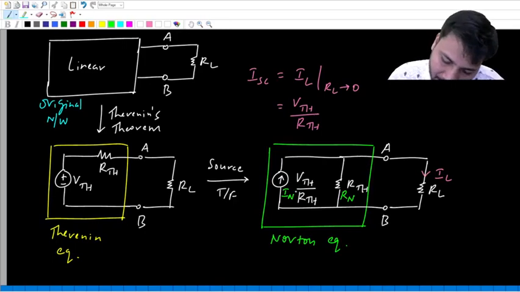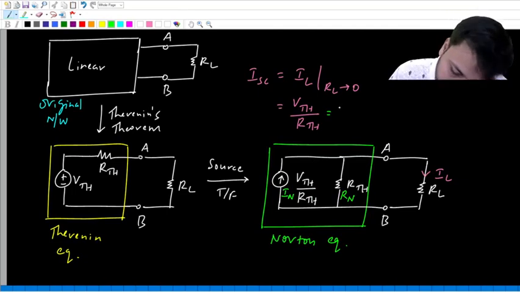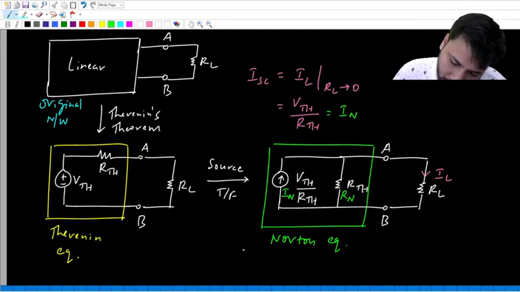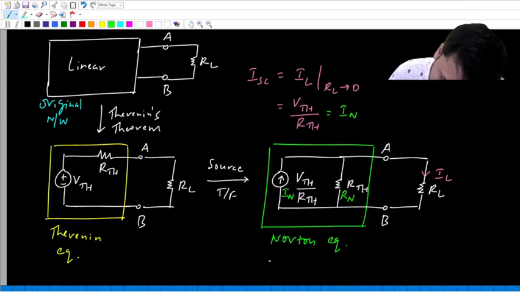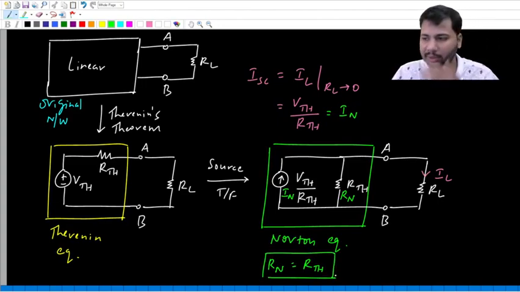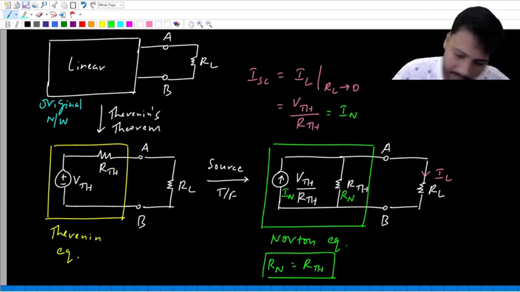And what is the value of the Norton current? It is VTH by RTH. That's all. And of course, RN equals RTH. Yes or no? The Norton resistance is the same as the Thevenin resistance.